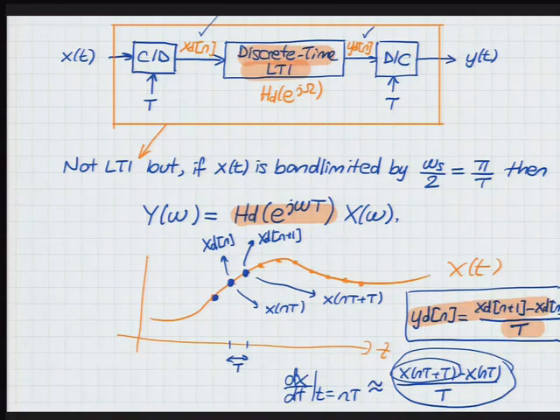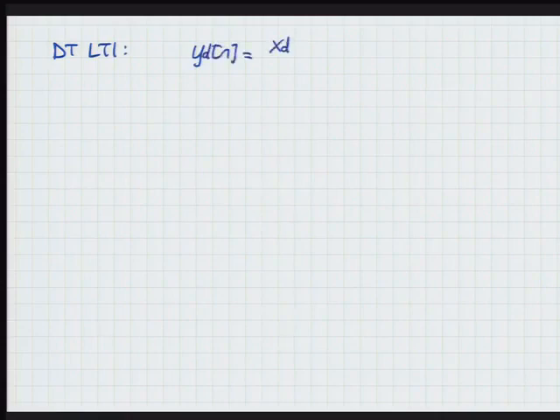So if my discrete time LTI system is defined by this difference equation, yd of n equals xd of n plus 1 minus xd of n, over T, what is the frequency response? Or if you want, you can start with the impulse response of this.